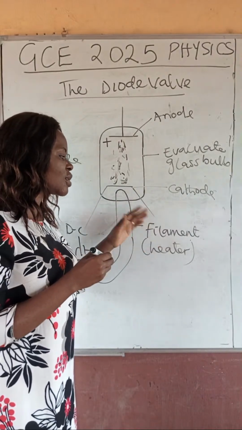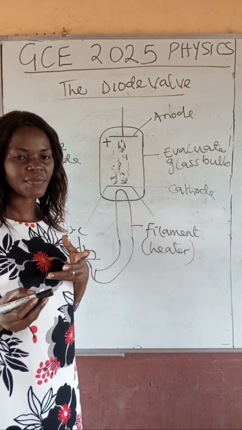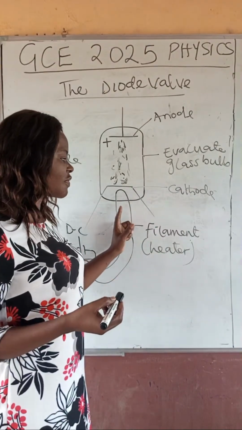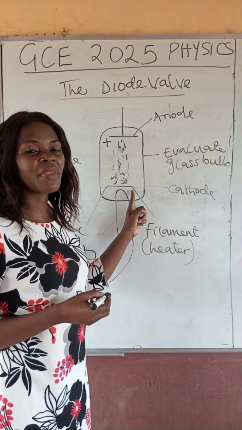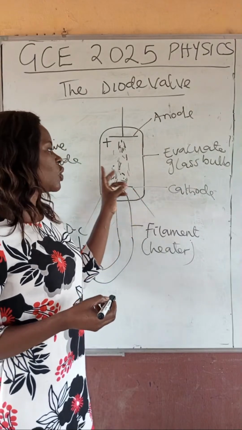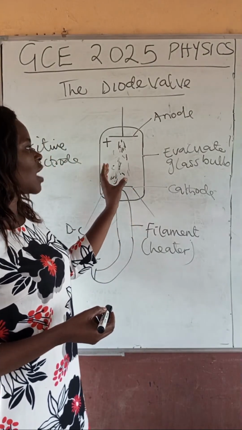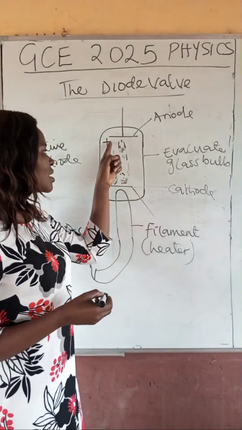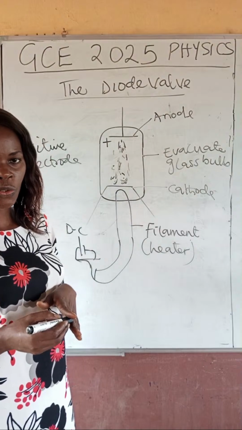Why are they moving from here? Because this is the source of the heat. Now it's bringing out the heat from here and it heats up the cathode. Okay? So electrons and current will now flow through where? Through the anode, because this anode is made a positive electrode.